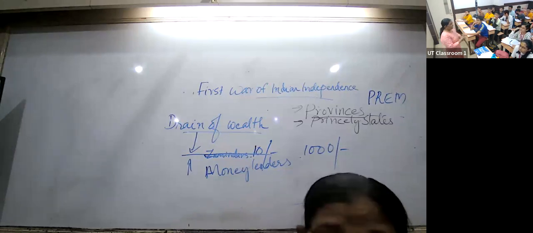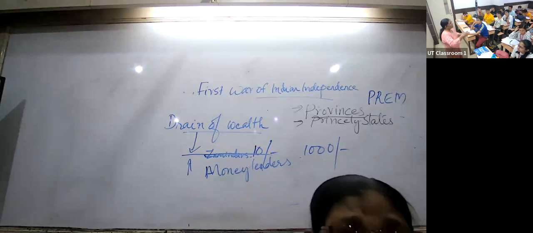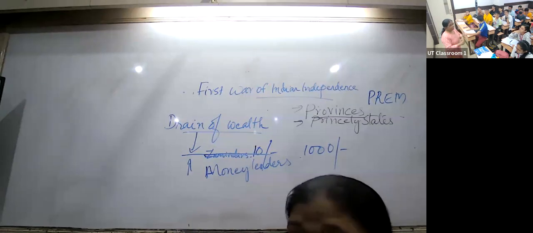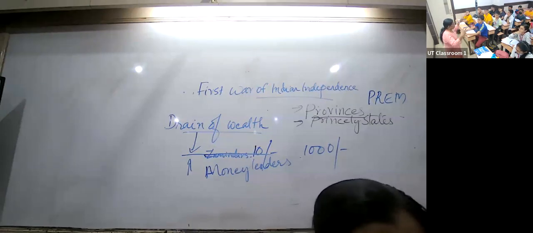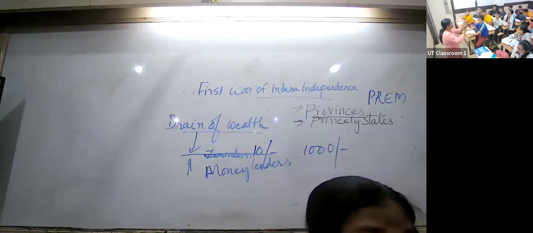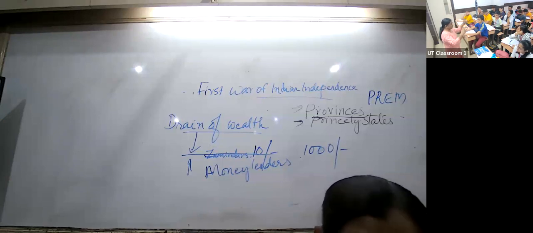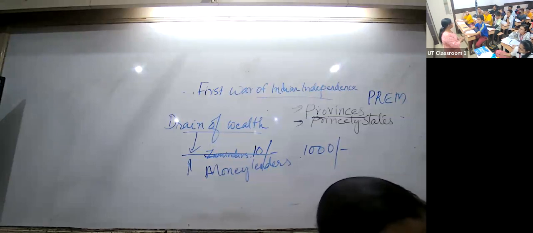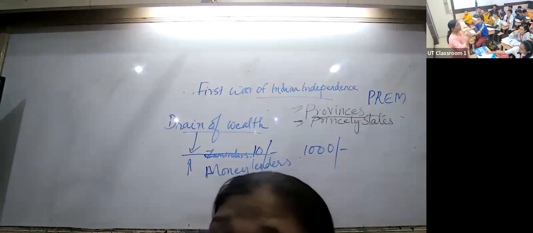Now, the British did that. That is why Sardar Vallabhbhai Patel is remembered for this work, the annexation work, the unification of the princely states. That's why he is called the Iron Man of India.